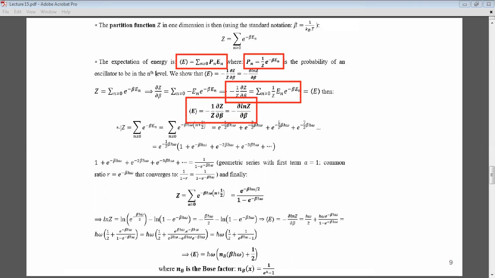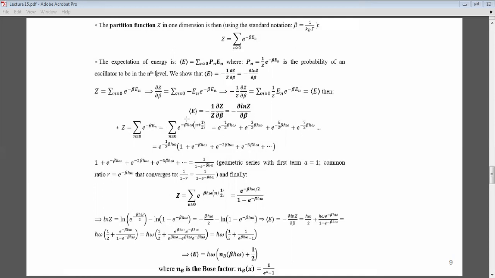So now, again, what is Z? From Z, we will find ln Z, and then we will do del ln Z by del beta, and by that we find the expectation value of E. So let's start. Z is the summation of e to the minus beta En, by definition. This is equal to the summation of e to the minus beta h bar omega (n plus half).